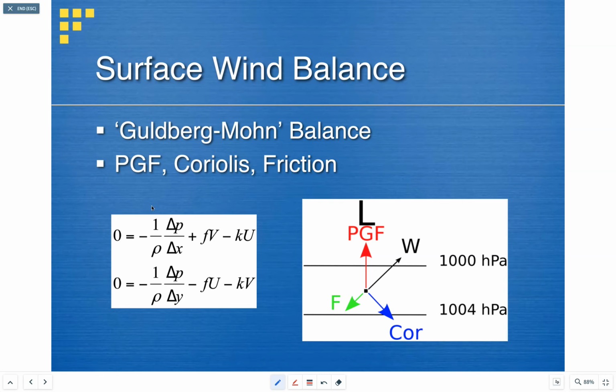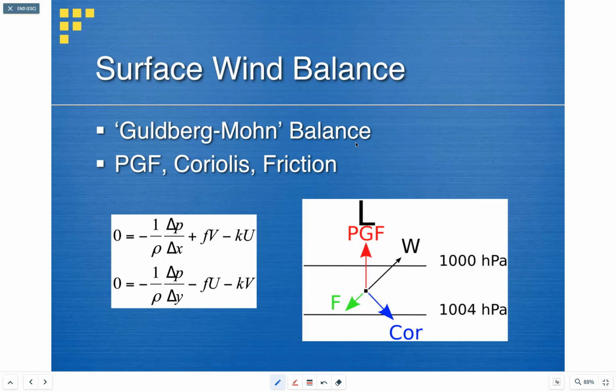Again, we have our pressure gradient force term here, minus 1 over rho, delta P over delta X, our change in pressure over change in our X distance, plus f times v, minus K, our friction coefficient, times the u wind. And that would be one component of our wind, and another component would be related to our gradient in the y direction. And so it would become much more complicated.